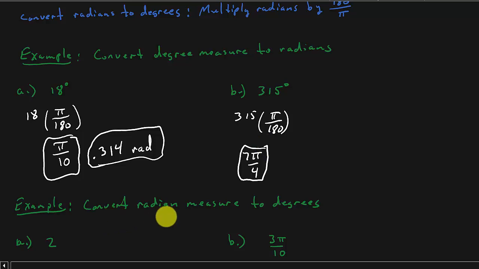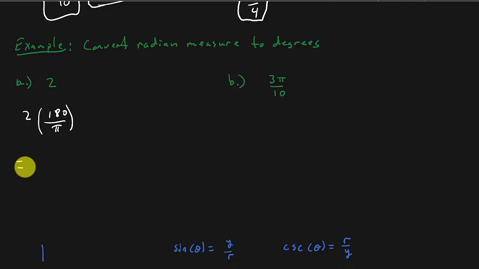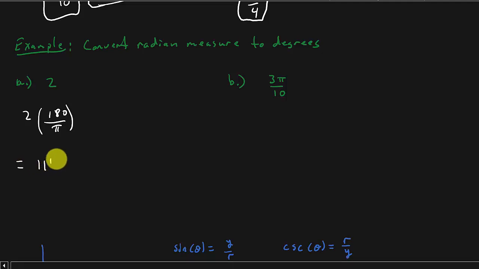Now what about converting radians to degrees? All right, so we've got 2 radians. So if we take 2 times 180 over pi, that's going to be 360 divided by pi. That's going to be 114 point, we'll round it to 1 decimal place, 114.6 degrees.